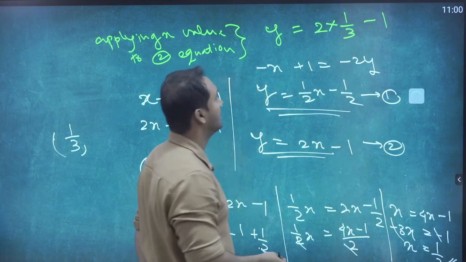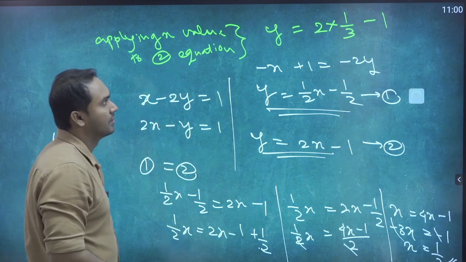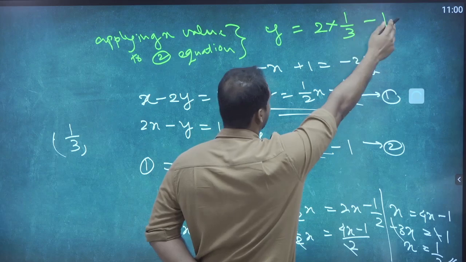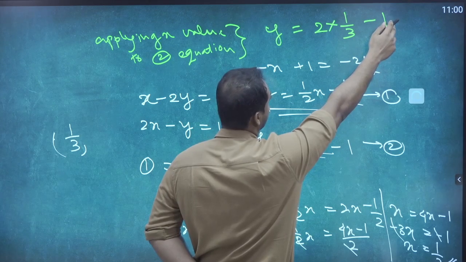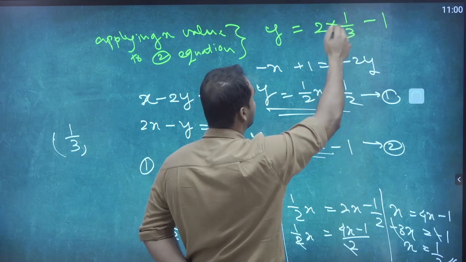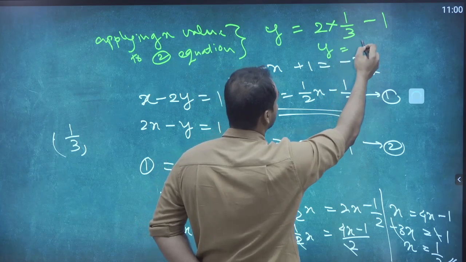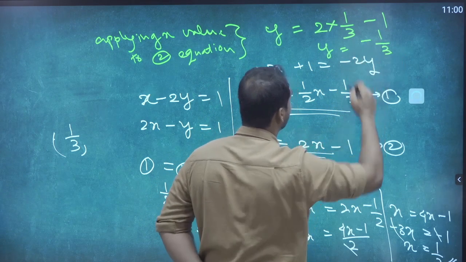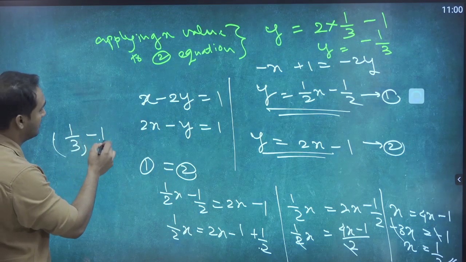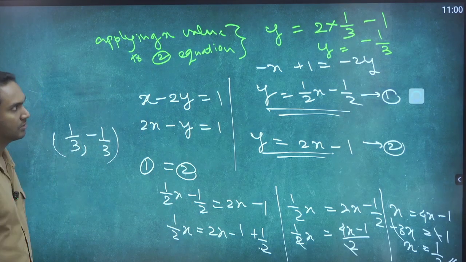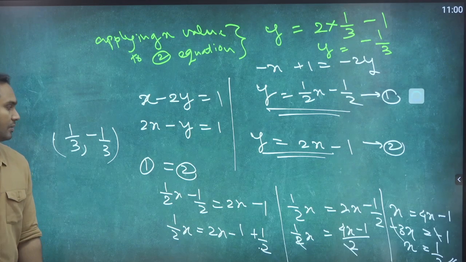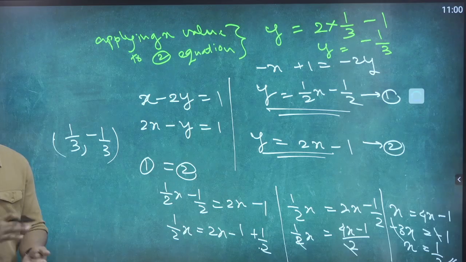Simplify it, what do you get? 3 into minus 1 is minus 3, deducted by 2, you get minus 1 over 3. So the y coordinate is minus 1 over 3. So these are the two coordinates: 1 over 3 and minus 1 over 3 is the answer there.